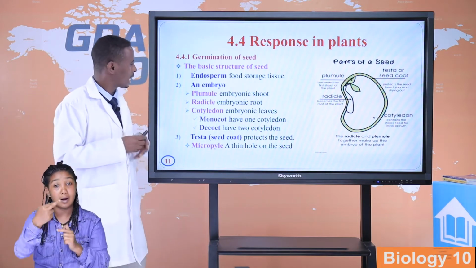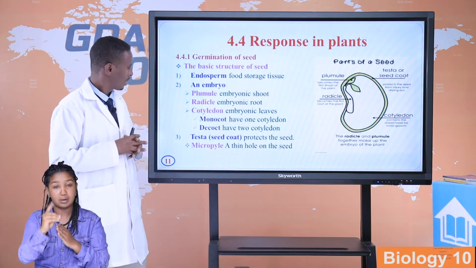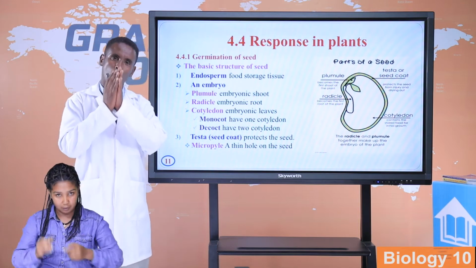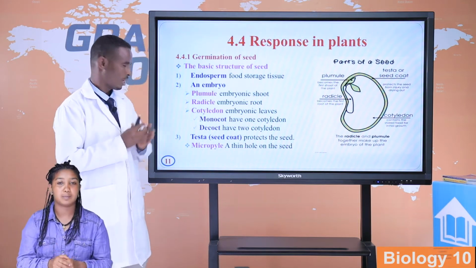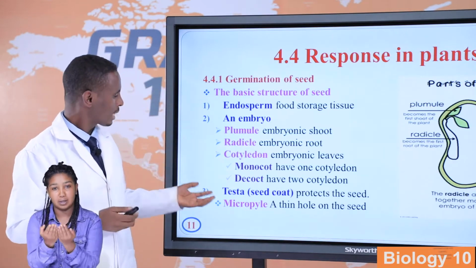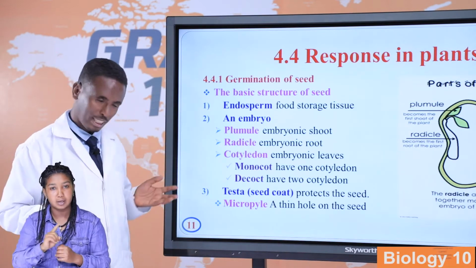And the other, the radicle, is an embryonic root. It develops into the root system. And the cotyledon is an embryonic leaf, which can be monocot or dicot. It can be one cotyledon or two cotyledons. The other part of the seed is the testa, which protects the seed, and it has a micropyle.